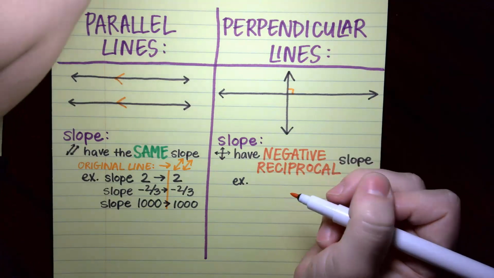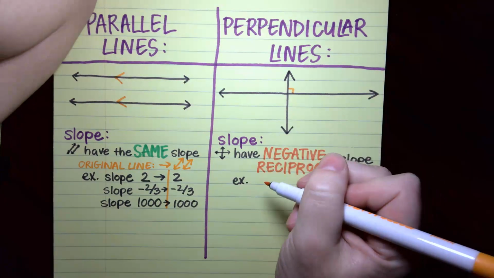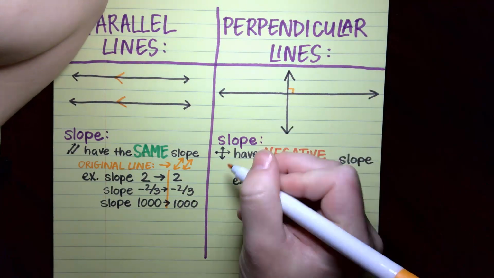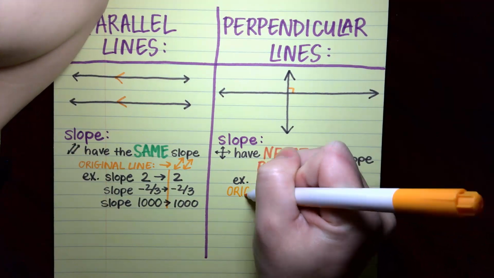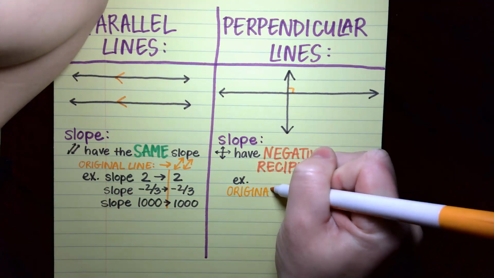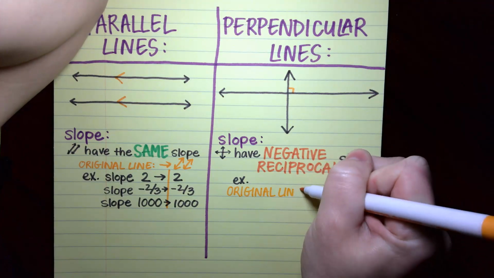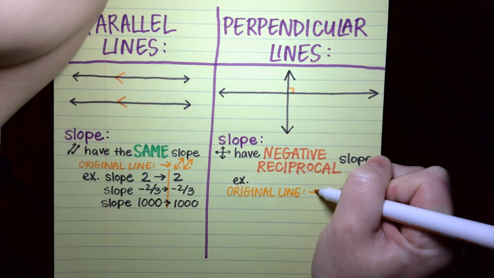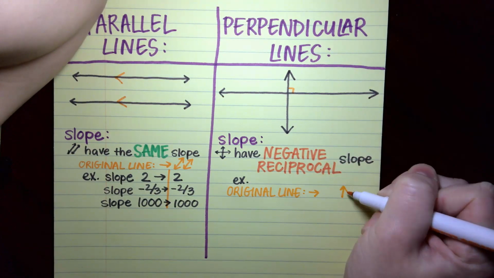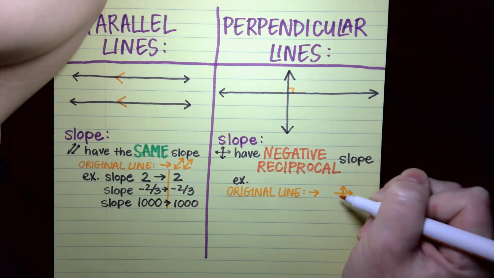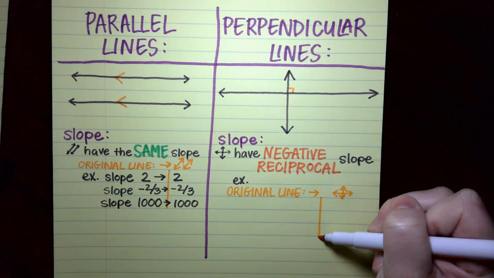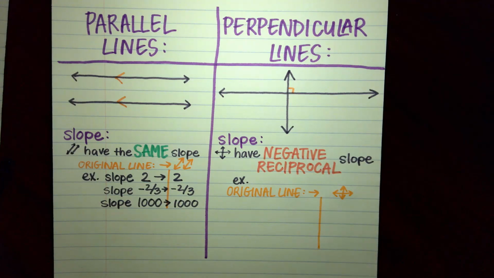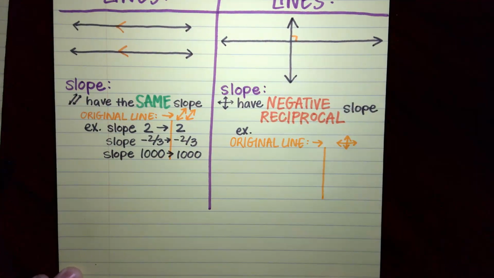Now, for negative reciprocal, we're going to do something different. I'm going to write original line and then our perpendicular line. So I'm going to give you some examples here.